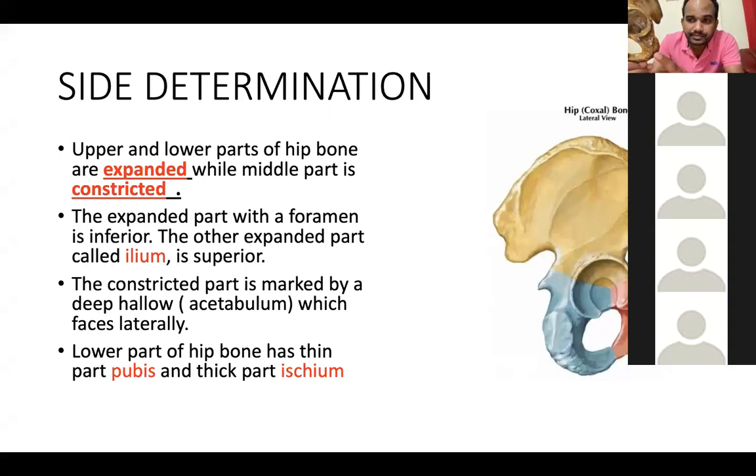This is ischium. This is pubis. This pubis should face anteriorly. This ischium should face posteriorly. So with these three points, one can identify the side of this hip bone. Is it clear?